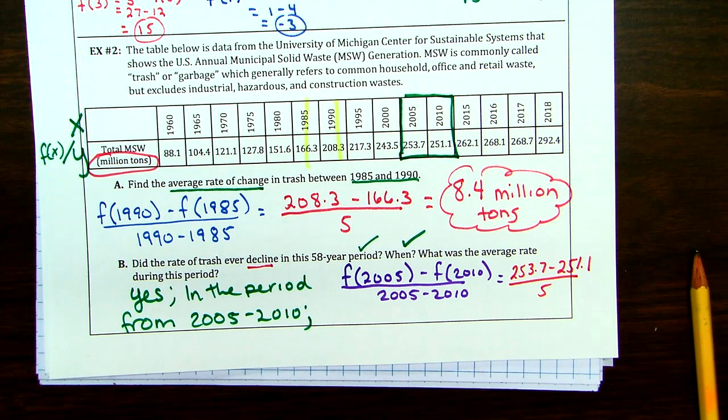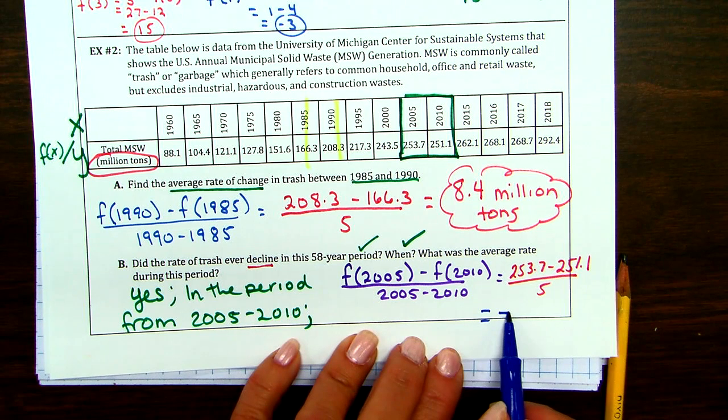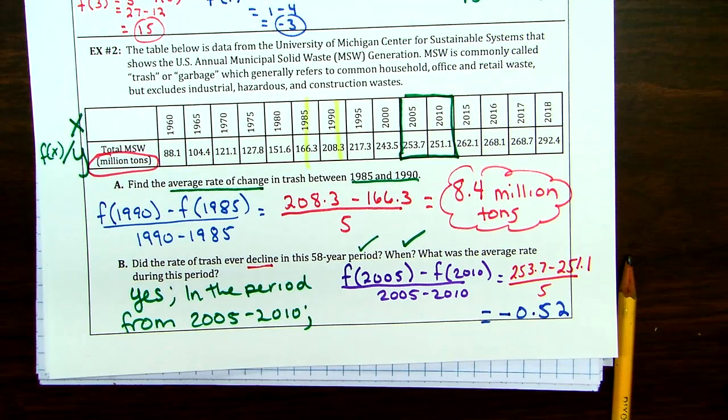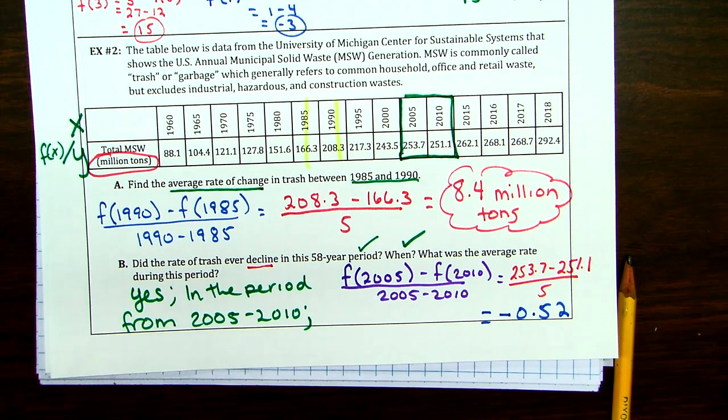Calculator work. I put it in my calculator for us, and I got negative 0.52. How can we interpret that number? What does that mean? What would I write in a word problem when it says, what was the average rate during this period? Do I write negative 0.52? No. What do I write? Anybody know? What does that mean?